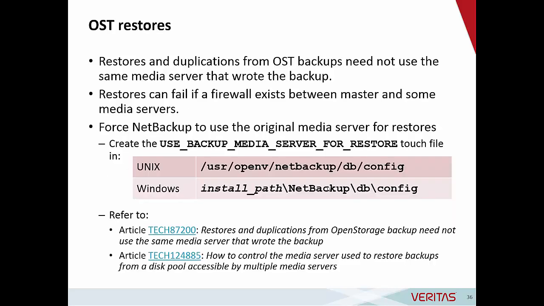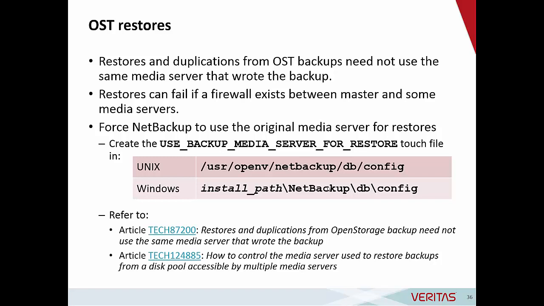When it comes to restores and duplications from OST, backups don't necessarily use the same media server that wrote the backup. And that's a big exception from the way NetBackup normally behaves. Normally with Basic Disk, with Media Manager, the media server that did the backup does the restore. Now that's not true with OST.